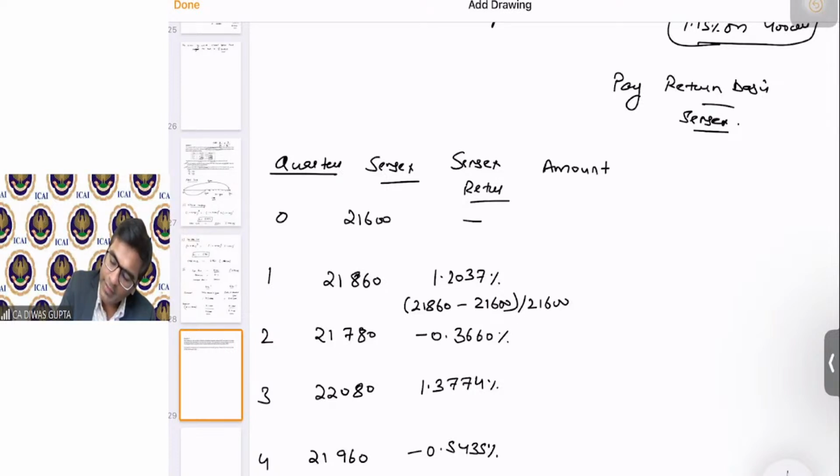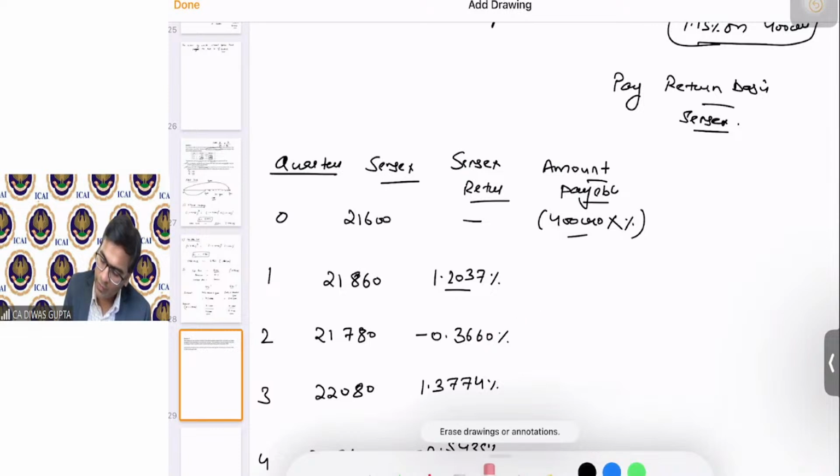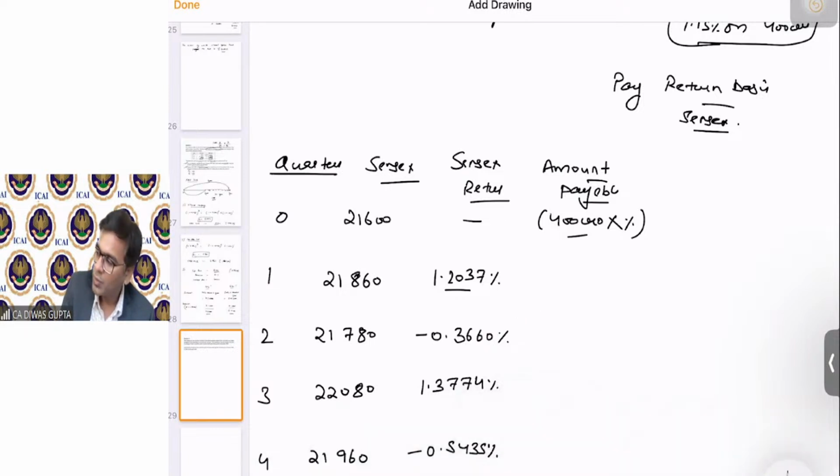Can we know now what is the amount payable? Yes. Whatever is the gain or loss, that is the amount payable or receivable, right? In the first case, how do we have to calculate? 400 crore is the value of portfolio multiplied by the percentage that we have arrived. So 400 crore multiplied by 1.2037 percentage comes out to be 4.8148.